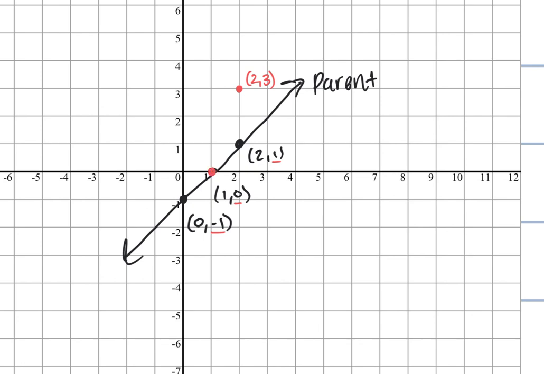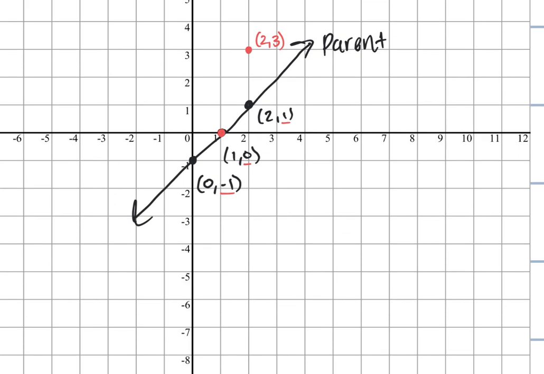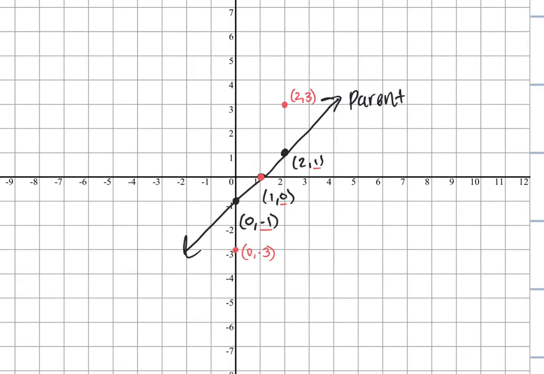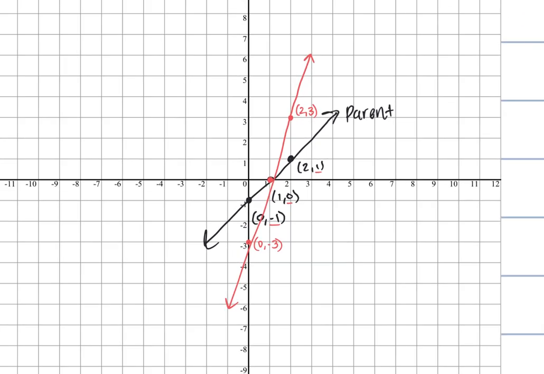Stays the same. And 0, comma negative 1 becomes 0, comma negative 3. I took every single y value and I multiplied it by 3. We draw a line to connect all of these. And that's our updated transformation.